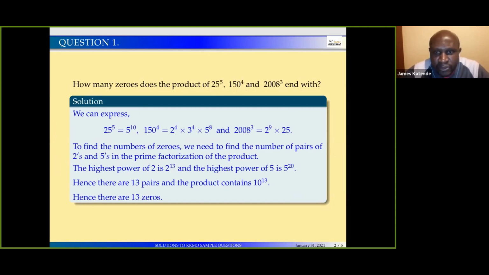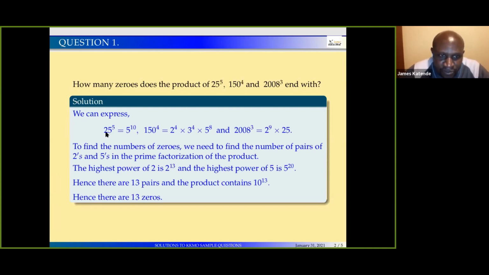So the smart way to do this is to find the highest power of 10 that appears in the product. So the highest power of 10 will tell us the number of zeros that appear at the end of this product. Now to find the highest power of 10, you need to pair the 2s and the 5s that appear in the prime factorization of these numbers.